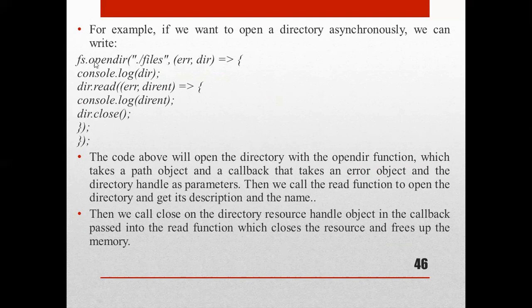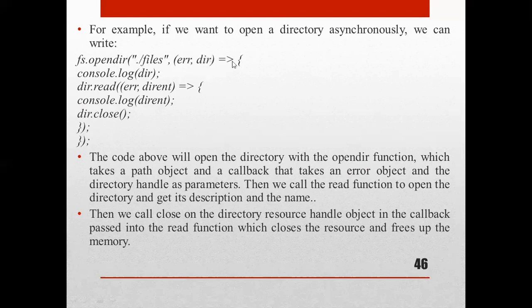First we are going to open the directory using the fs object, fs.opendir. In brackets it takes two arguments, one is the path and another one is, oh sorry, the callback. We provide the path of the directory, then a comma, and in brackets err, for if there is any error with that directory.